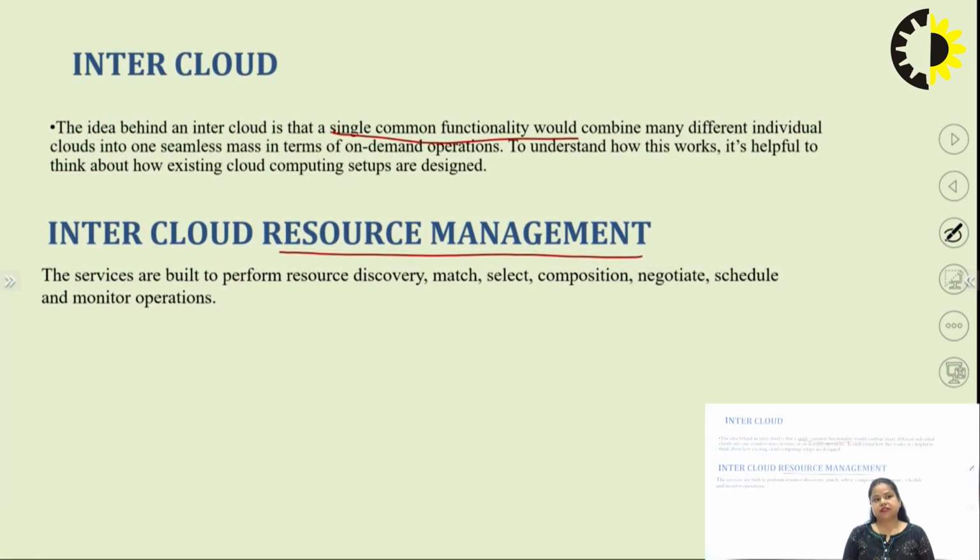How are all the services given and performed? First, how do we do resource discovery? If we have an ample number of resources, how do we discover them? Then, how can we match the resources as per the needs of the customers? Then we select the matched resources, and finally we do the composition of all the resources which we will provide to the customers.